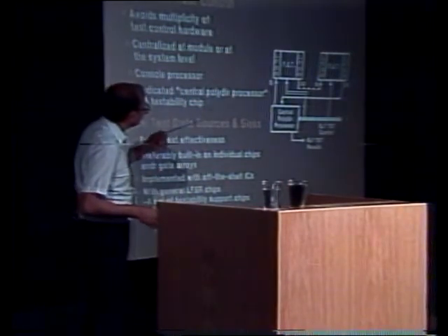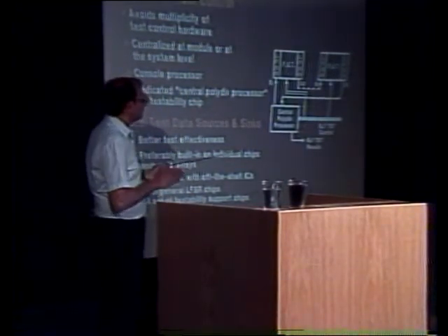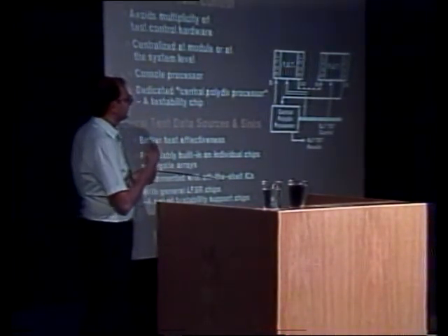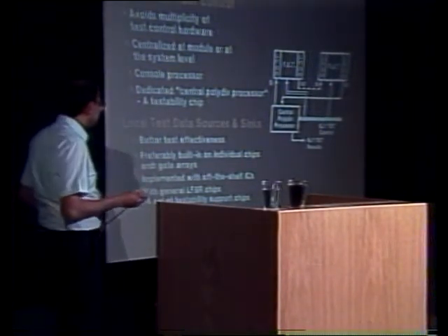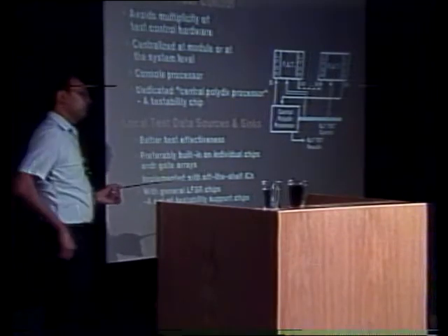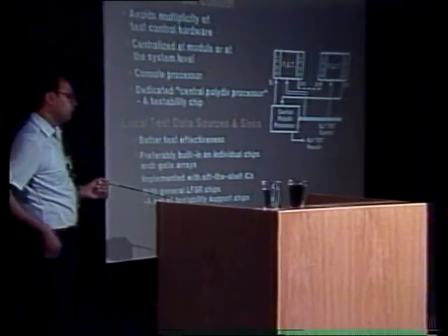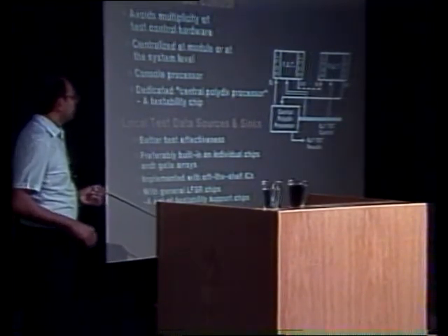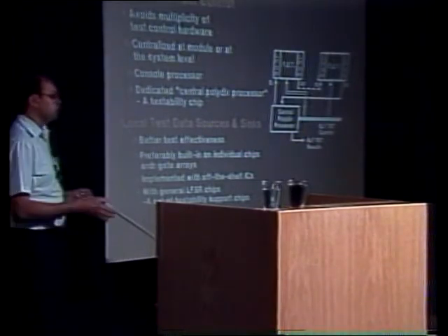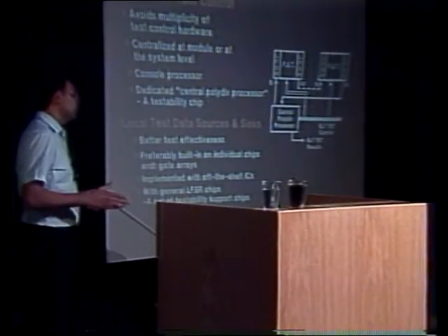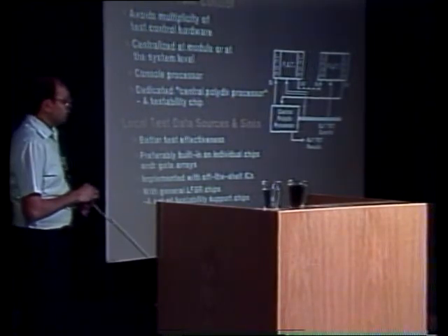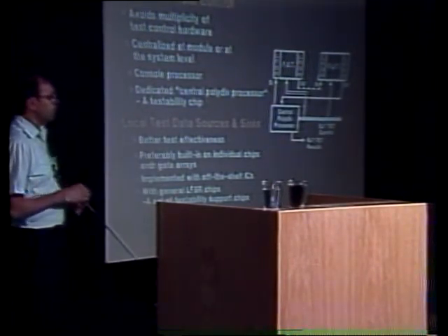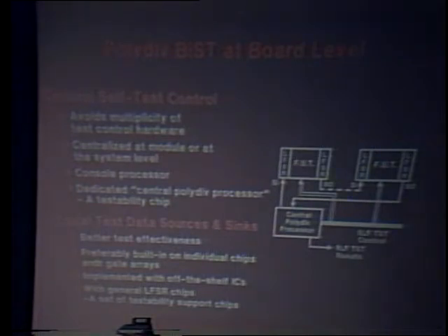And in order to do that, we want to put linear feedback shift registers closer to the function under test. Those linear feedback shift registers must preferably be built on the custom chips or MCAs which implement the function under test. That is the most cost-effective way to implement linear feedback shift registers.